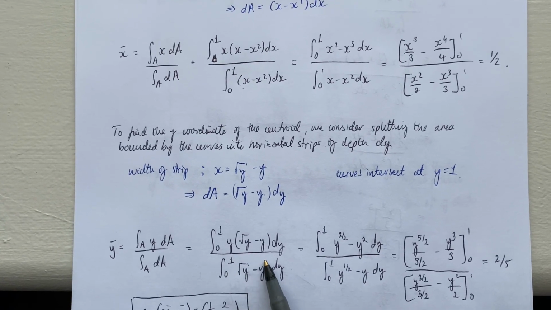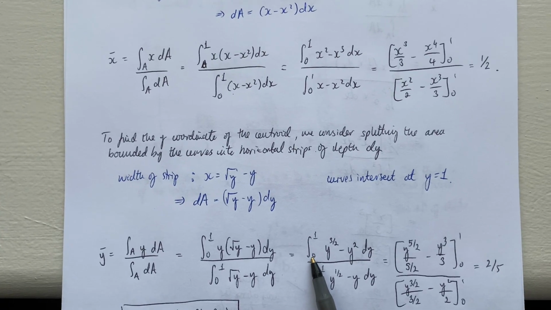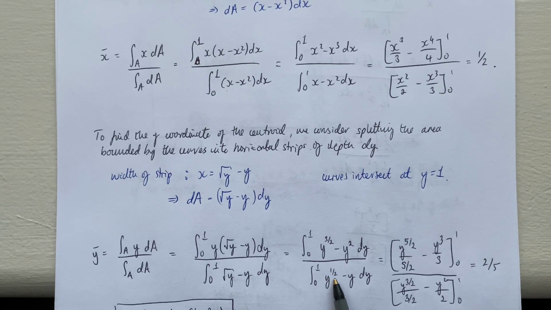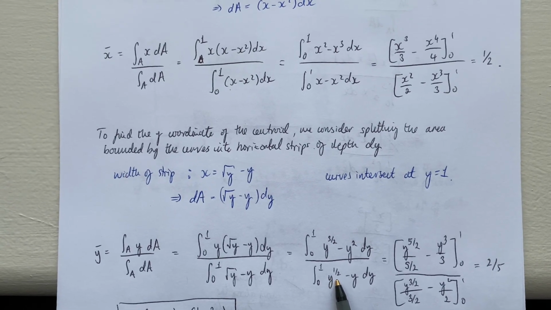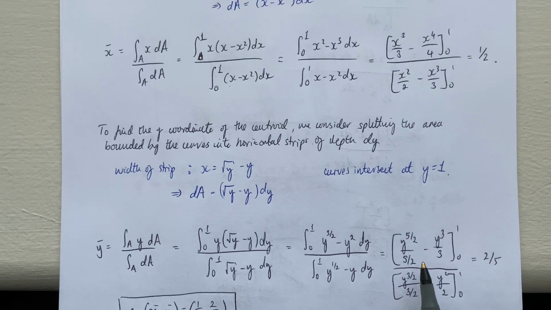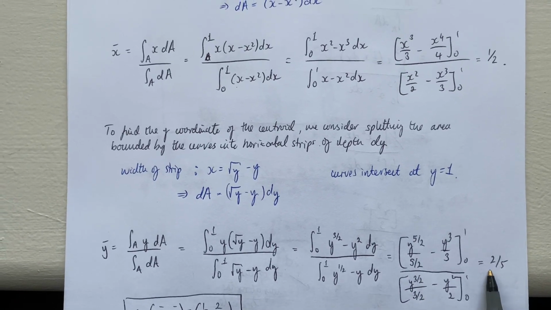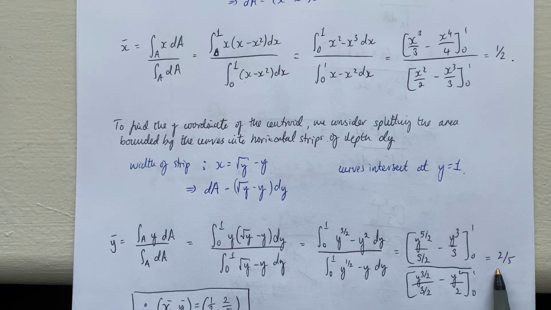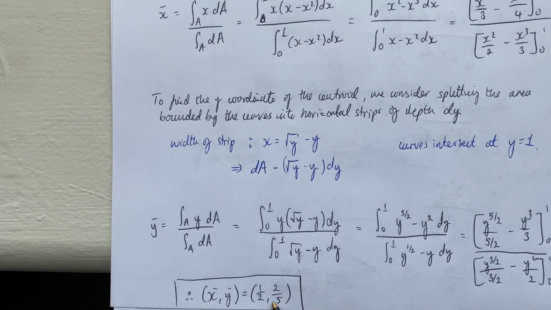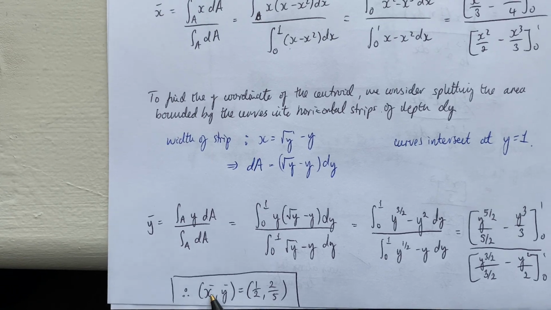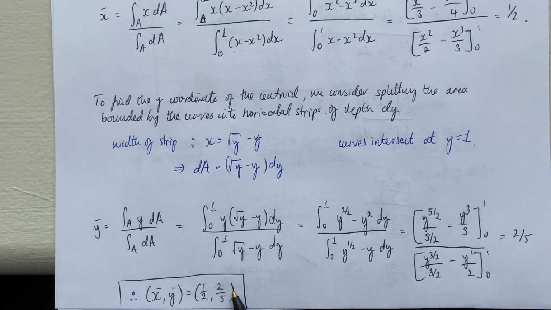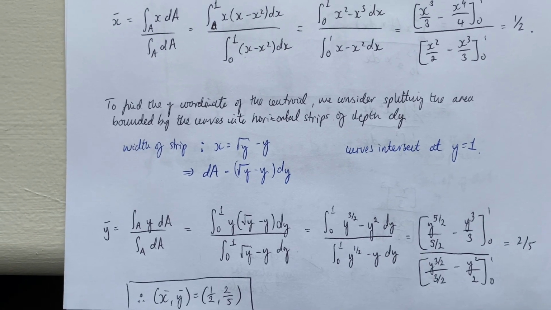So I've plugged all of this in here, basically tidied it up a little bit, written these square roots as fractions so that they're easier to deal with in the integration, and calculated the y coordinate of the centroid as 2/5. And therefore my final answer for the coordinates of the centroid is just given by the coordinates x bar, y bar, which is 1/2, 2/5.